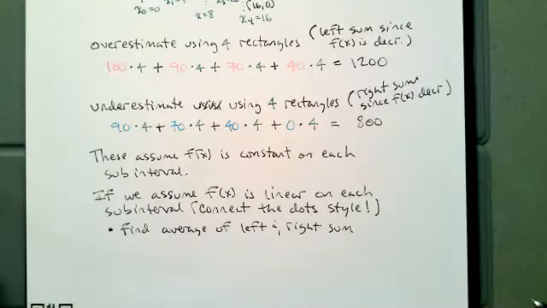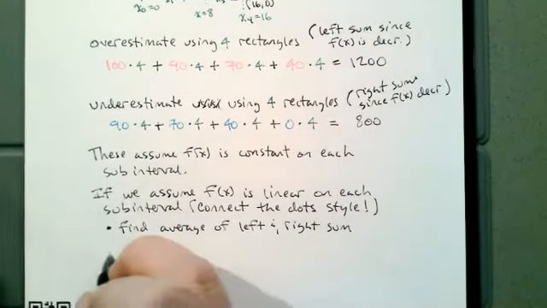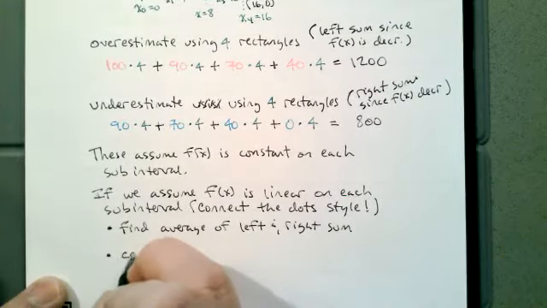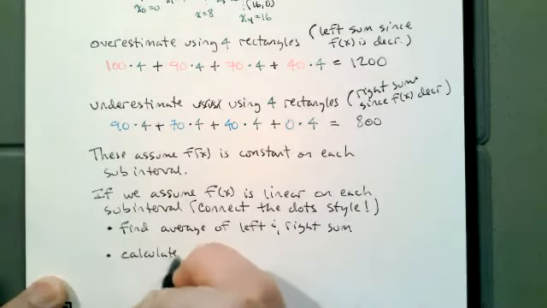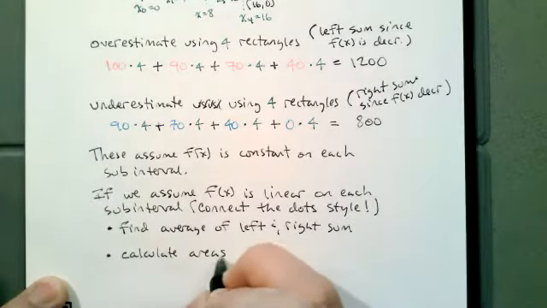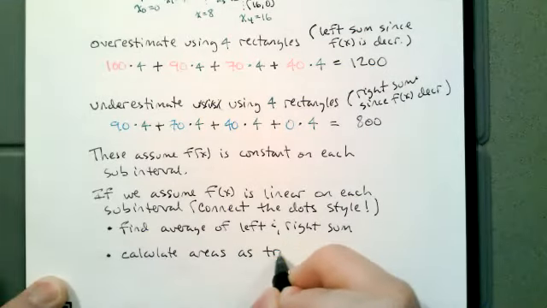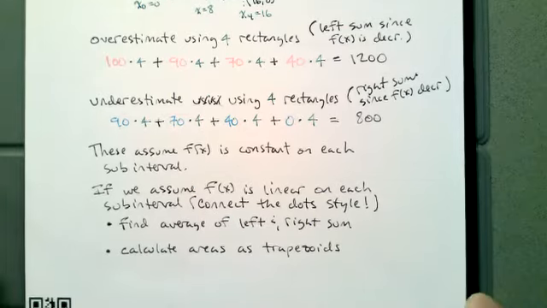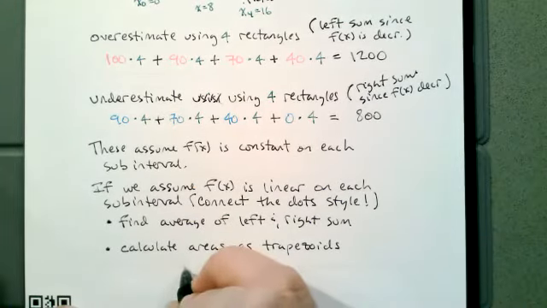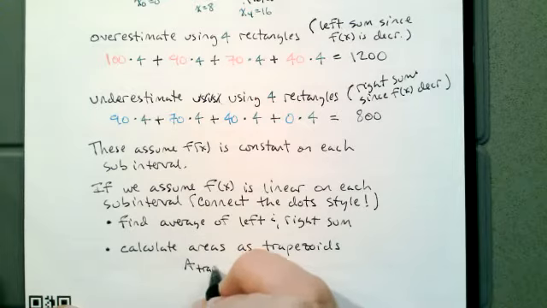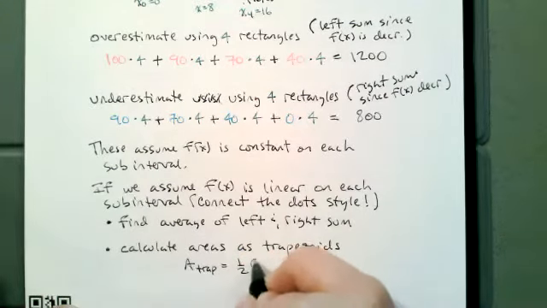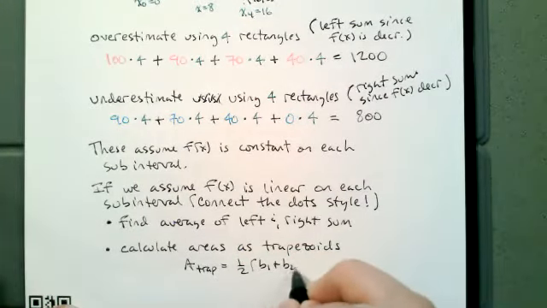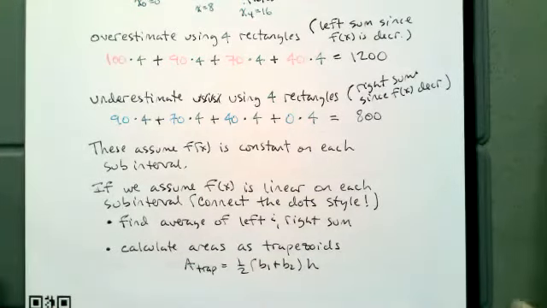We're also calculating the areas as trapezoids. And the formula for the area of a trapezoid is the average of the bases times the height.